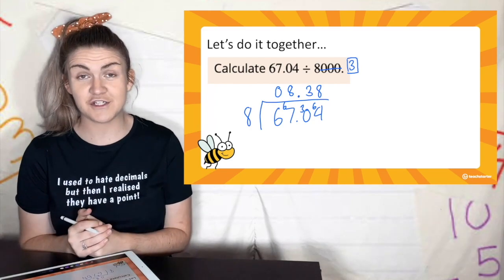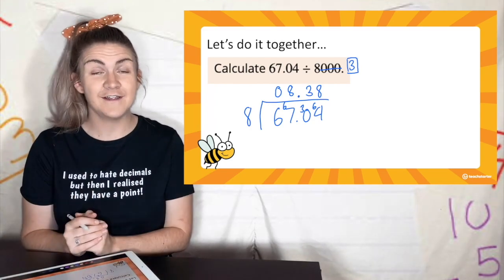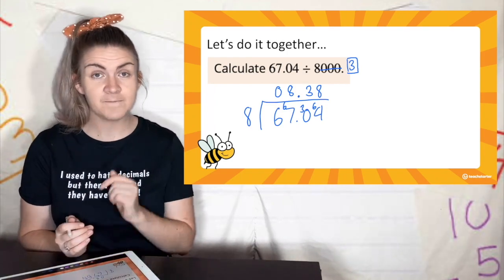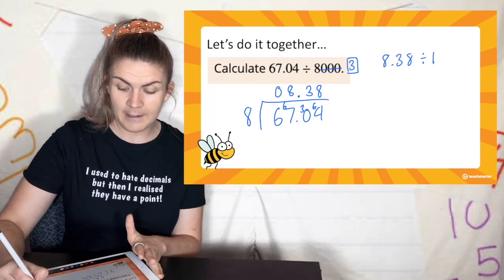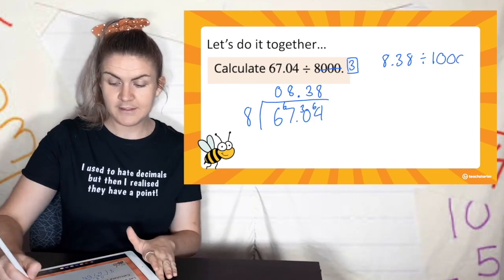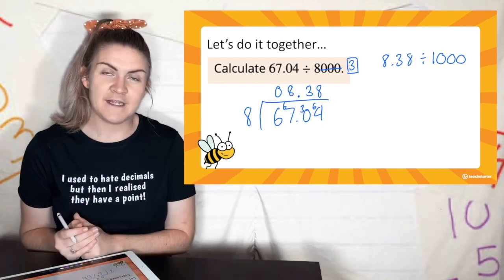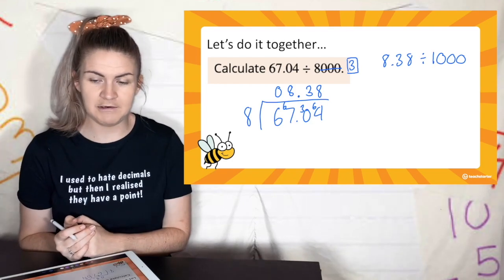When we did multiplication of decimals, we took the number and multiplied it by 1,000. But this is division. So now we're going to take our number and divide by 1,000. So we take whatever number we have, 8.38, and we write divided by 1 because we've already used up the 8. And how many zeros did we have? 1, 2, 3. Now when we divide by numbers that are multiples of 10, we move the decimal to the left, however many zeros there are, which is 3.